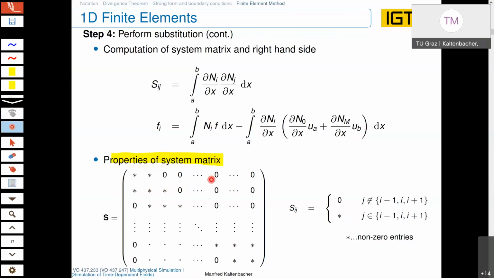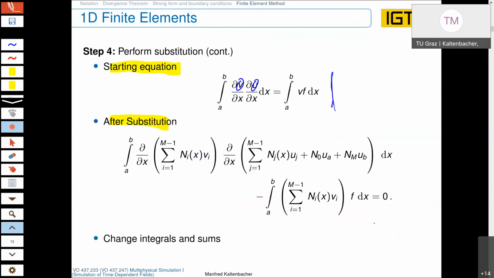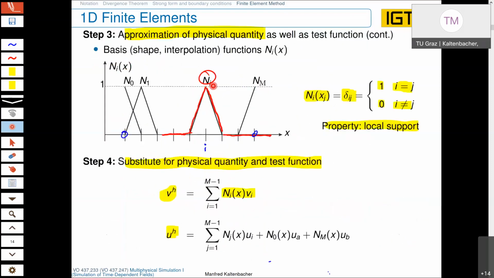But all the others, as you can see here, are zero. So you have a lot of zero entries. And that clearly we know has to do with the local support of our basis functions. We will go in detail to this, but that we already see here.